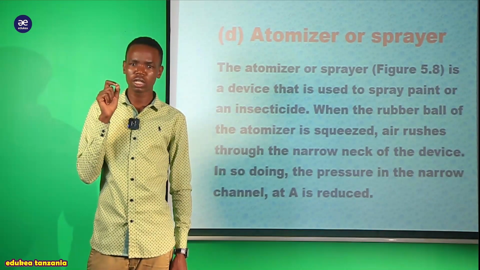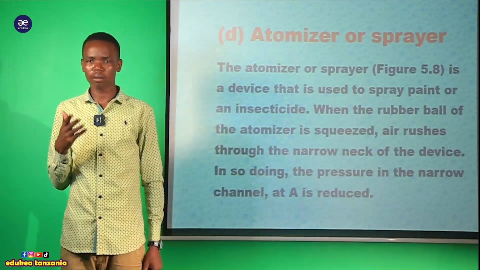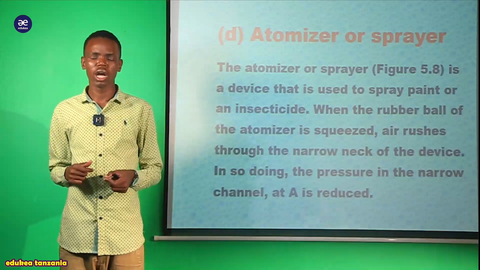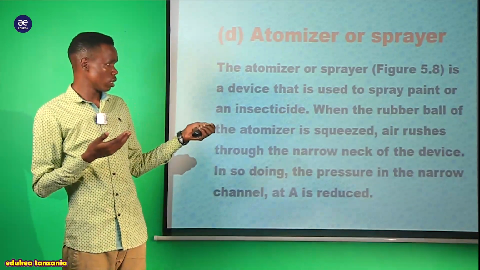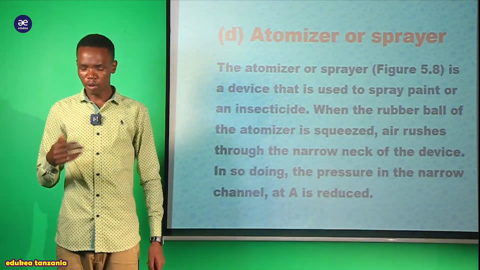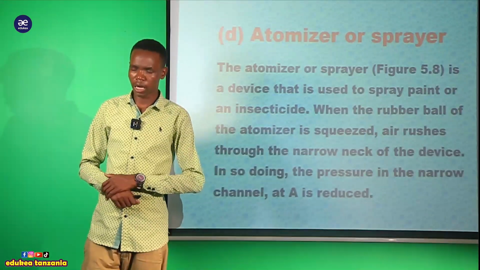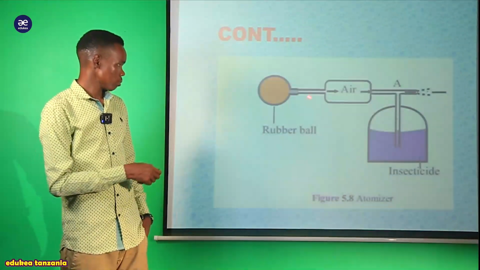Kwa kama kuna small cross section area, basi inatengeneza pressure ambayo ni kubwa sana, ukilinganisha na namna inavyokuwa inatoka kwenye ile rubber ball. This is how we explain the atomizer or spray as an application of Bernoulli's principle.